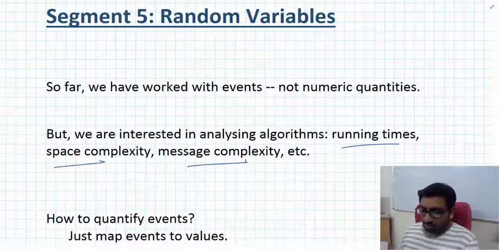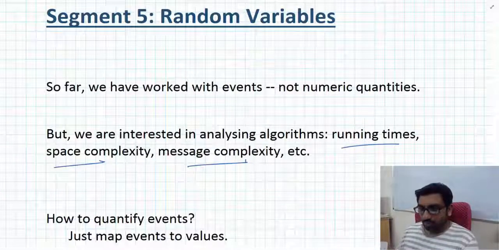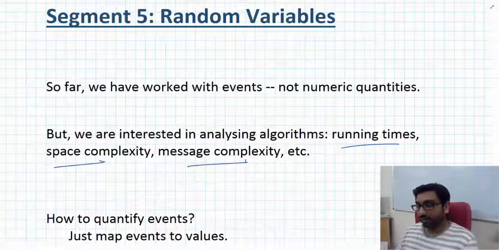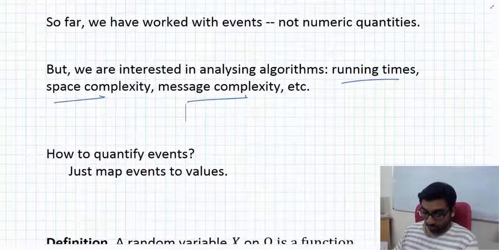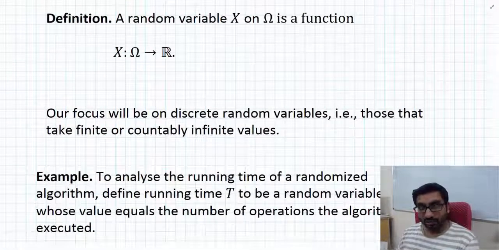And so how do we achieve that using events is the question. To do this, all we have to do is to map the events to values, to quantitative values. And that's exactly what is achieved by the notion of random variables.